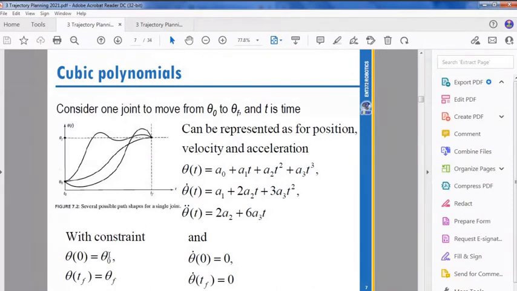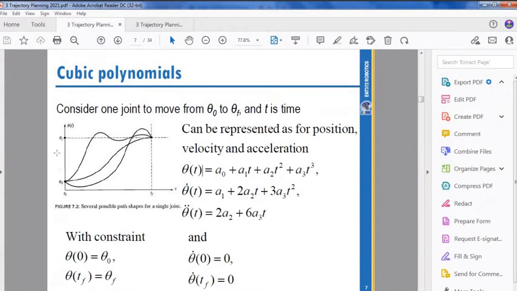So at time 0, theta equals theta 0. Theta at time final equals theta final.